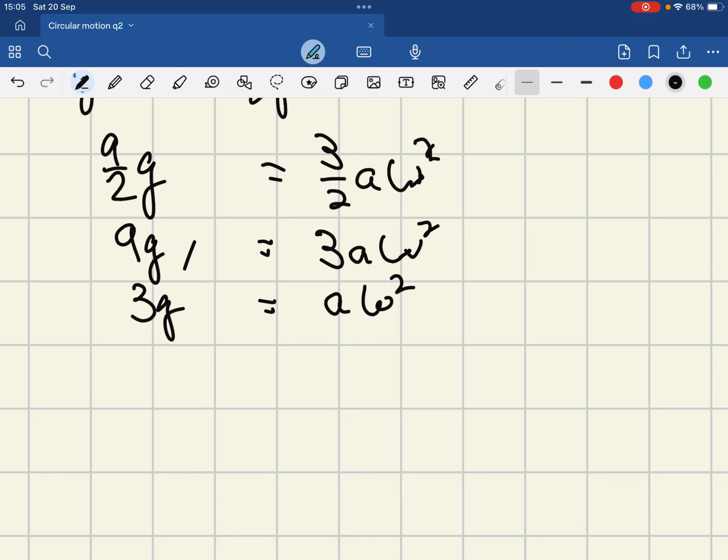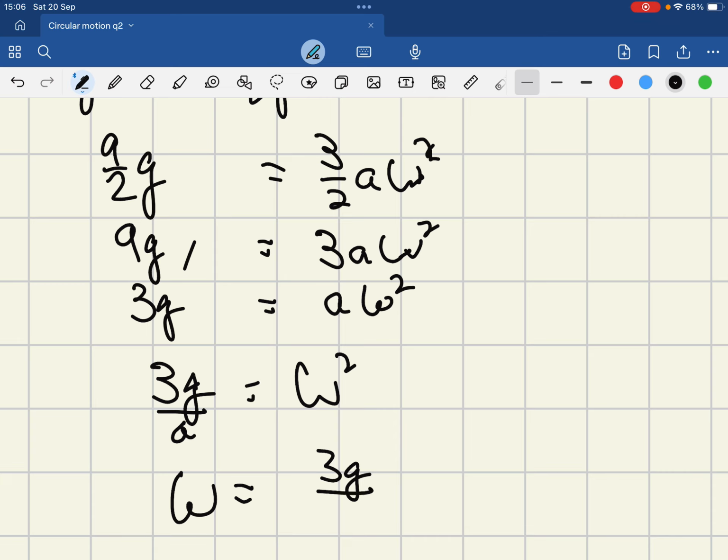Get rid of our a, so 3g over a is omega squared. 3g over a equals omega squared. And last step, we can do a square root. So omega equals the square root of 3g over a, in radians per second.